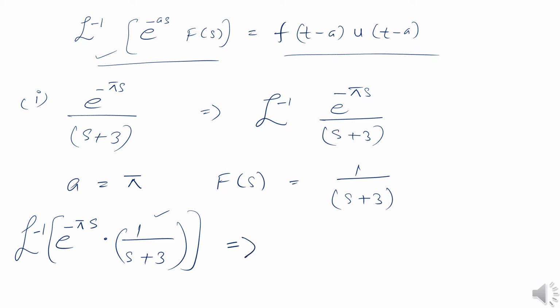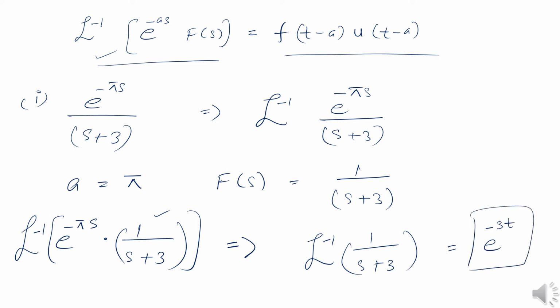First we have to find the Laplace inverse of 1 over s plus 3, which is e raised to the power negative 3t. This is f(t), and I can convert it into f(t minus a), because a is equal to pi. So f(t minus a) is equal to e raised to the power negative 3 times t minus pi.